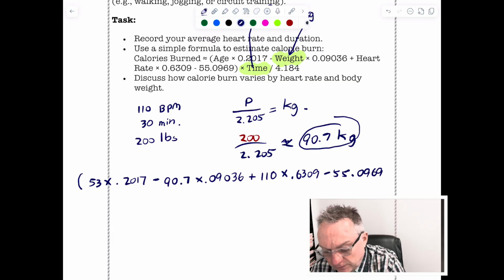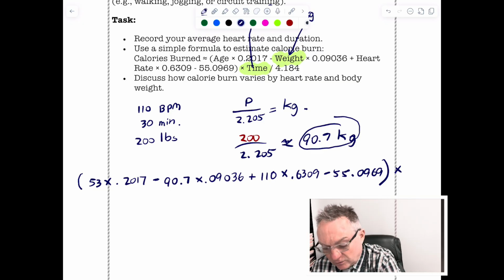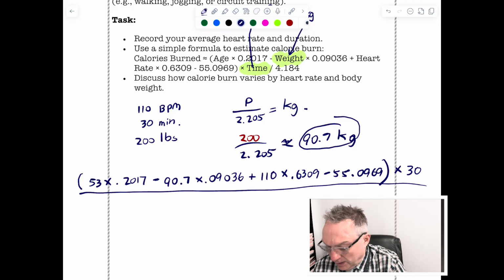That whole thing is in parentheses. And then we multiply by our time, which in our example is 30 minutes, and then we divide all of that by 4.184.